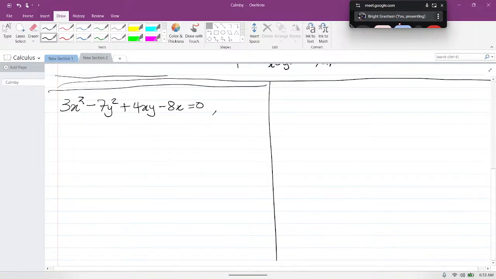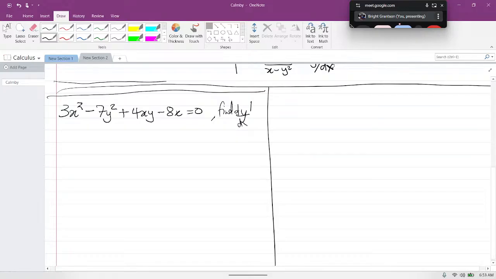So we differentiate. This becomes 6x, minus 14y. What do you attach?